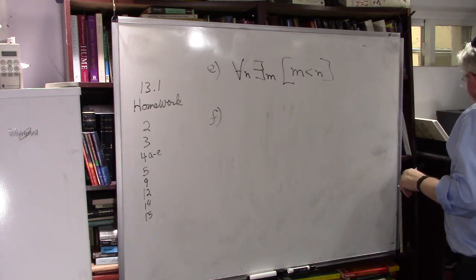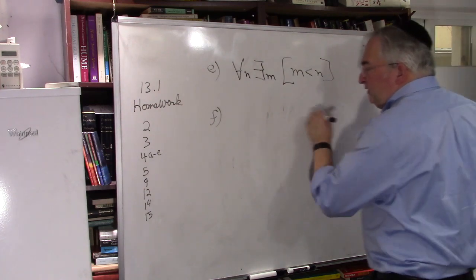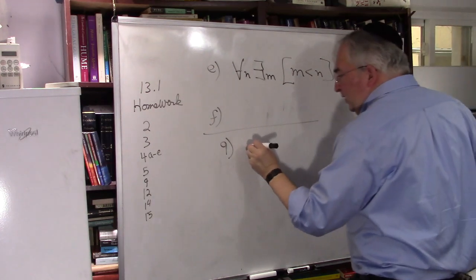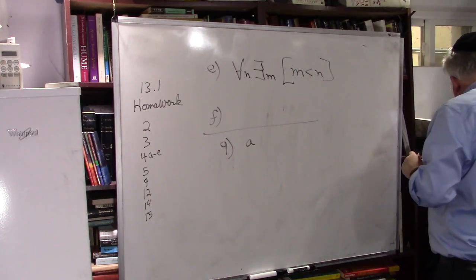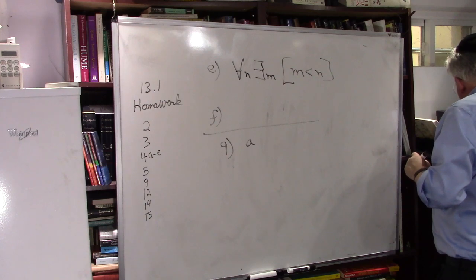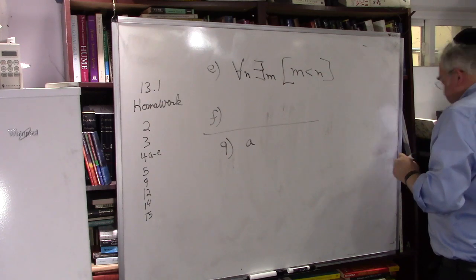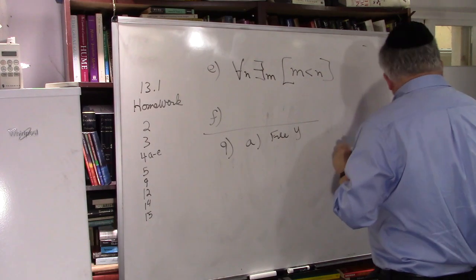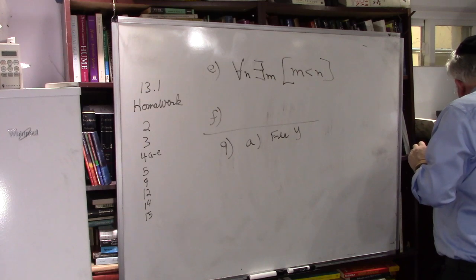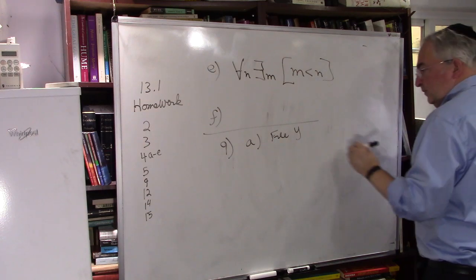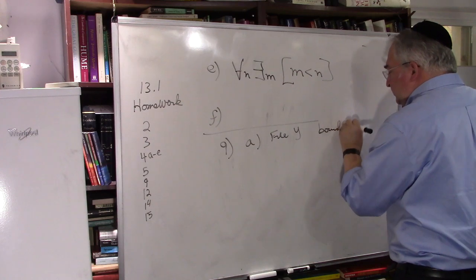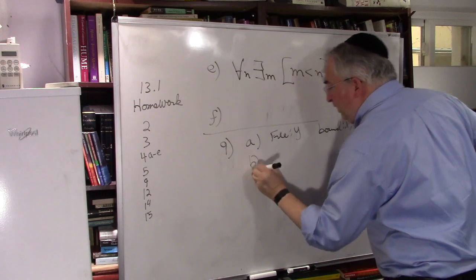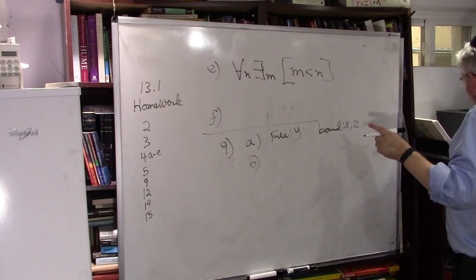Specify the free and bound variables in the following expression. Okay, so we did this in class. Number 9, A. What are the free variables? Free is y. And bound is x and z. Great. Number B. Again, they give you the formulas. You have it in your book.